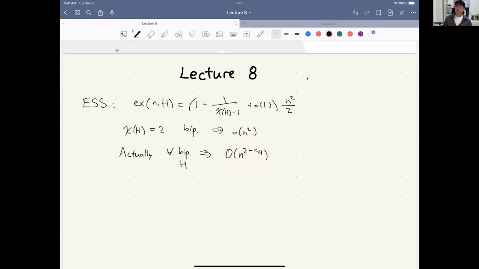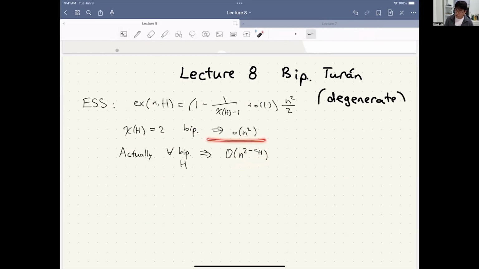So what are the two most common bipartite graphs? Today we're going to talk about the bipartite Turán problem. Sometimes people also call it the degenerate Turán problem, referring to the fact that our bound is subquadratic.